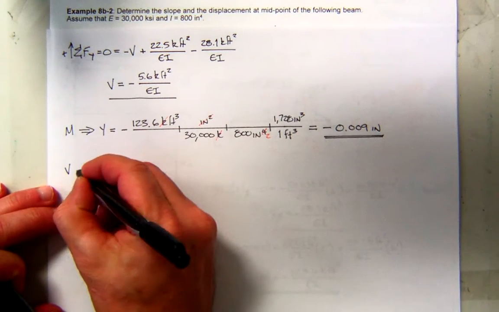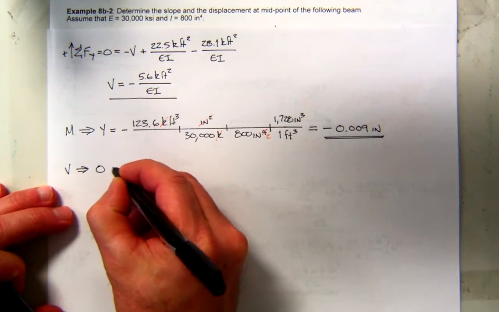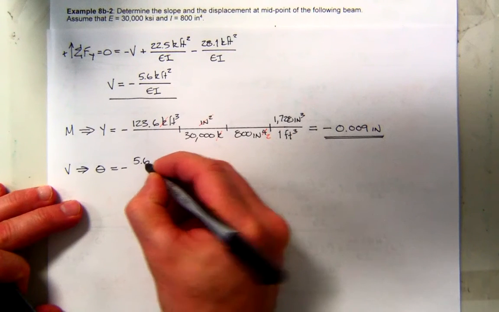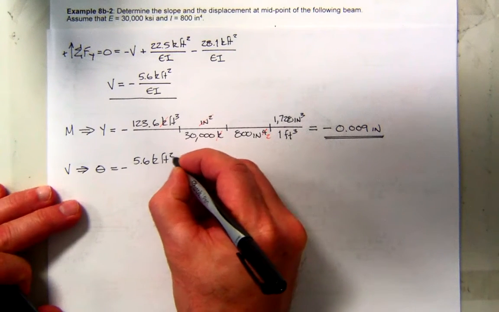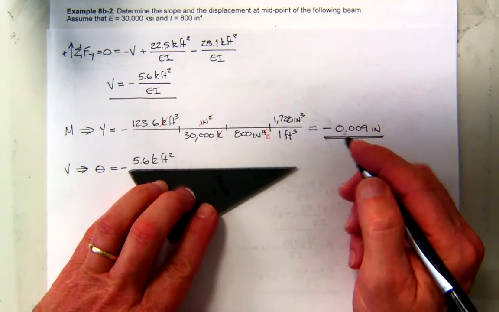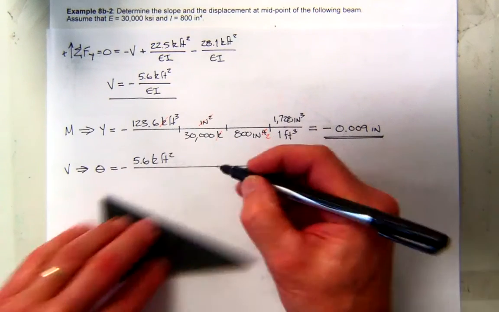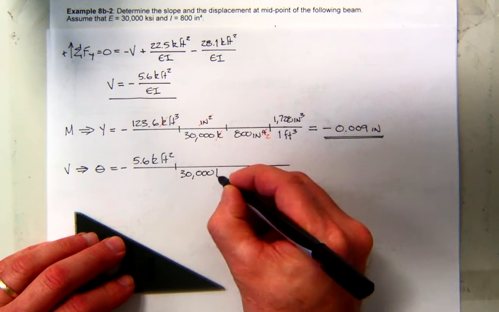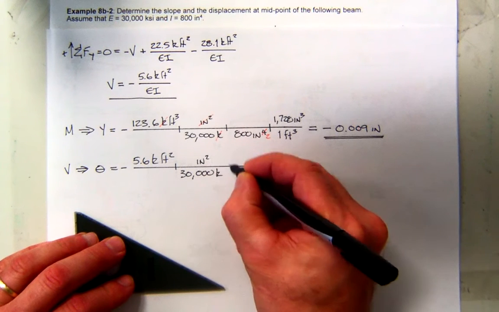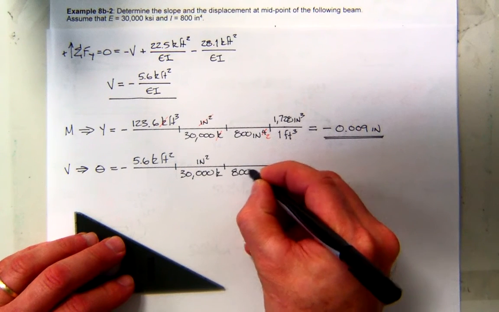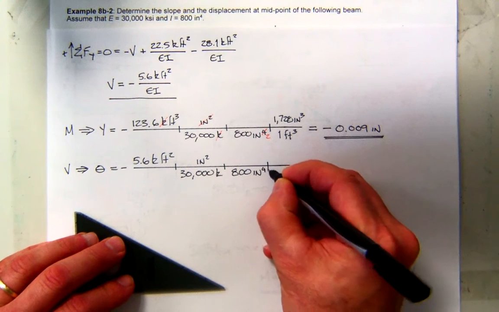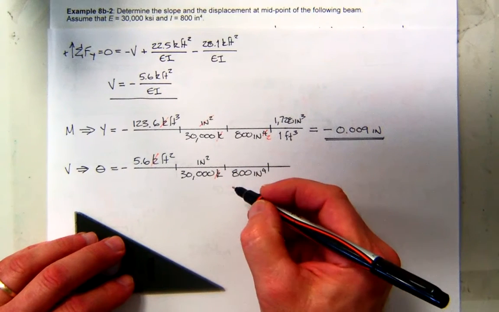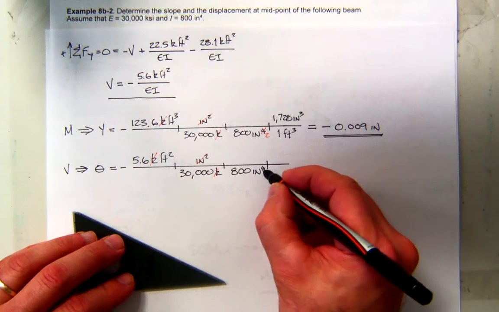And to finish this off, the shear maps to the slope, which we've computed as 5.6 kip feet squared divided by EI. And when we do that conversion, we still divide by E, which is 30,000 KSI, and we divide by I, which is pretty big. So now kips cancel, inch squared, this becomes 2.